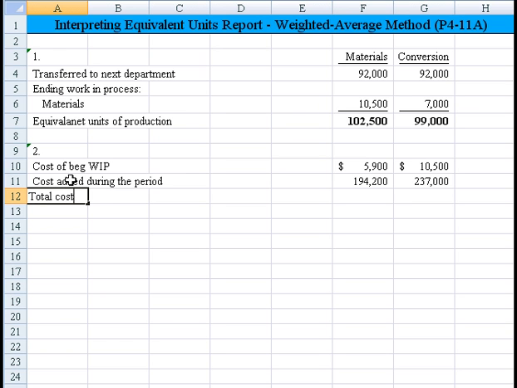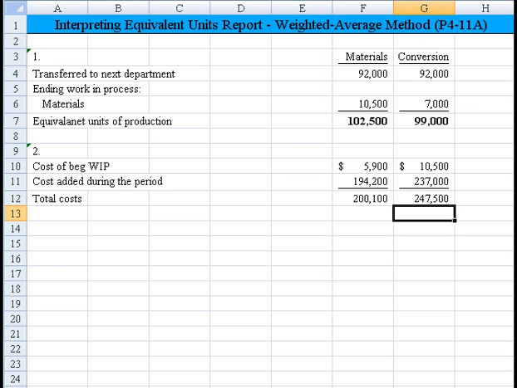So the total cost to account for, we'll just sum, and you'll see that this time those summations worked correctly. It's 200,100 and 247,500. So if we then are to calculate the cost per equivalent unit, we would take the 200,100 and divide it by the equivalent units of production from above.